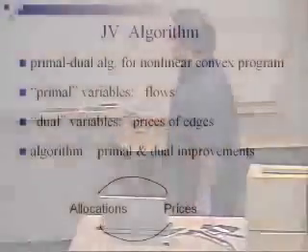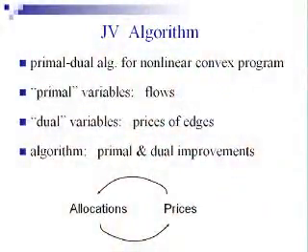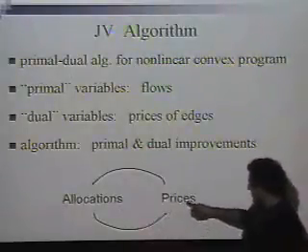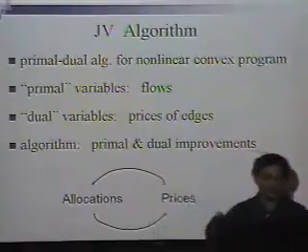So just to say, in our convex program, in our algorithm, the primal variables are flows, dual variables are prices of edges, and we do these alternately, flow and price updates in the primal-dual fashion.